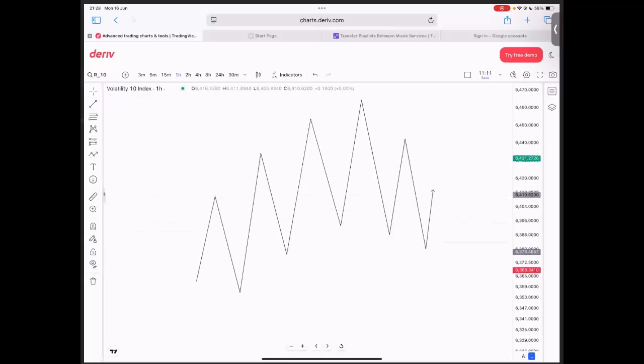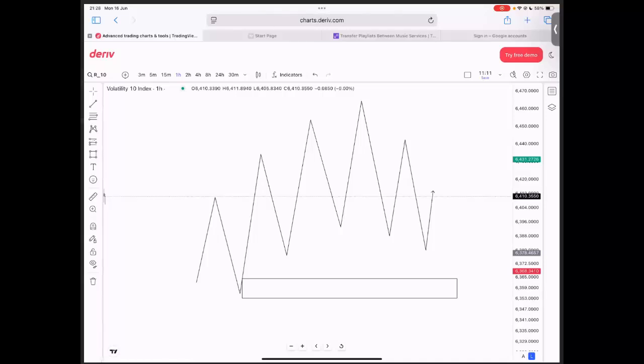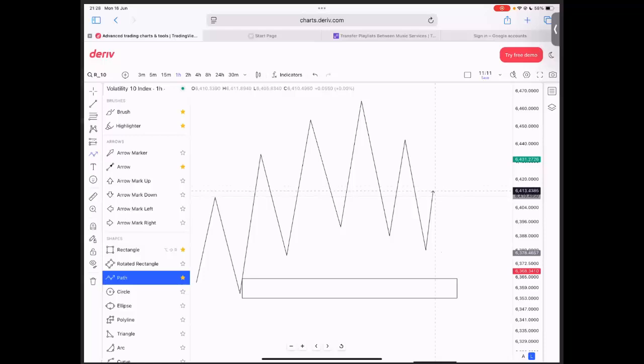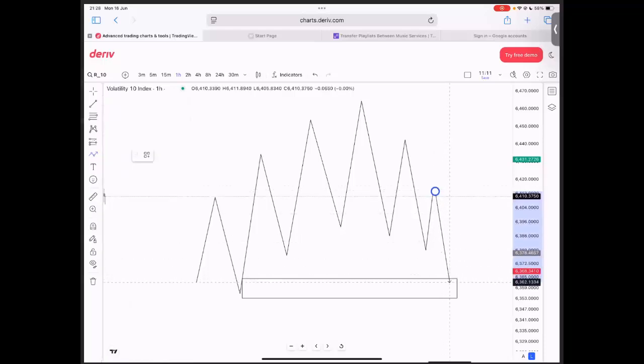Now this is your point of interest, or your area of interest in question, and then what happens next? As price is approaching your POI just like this, you can get to this area and use that as a supply zone to sell down.